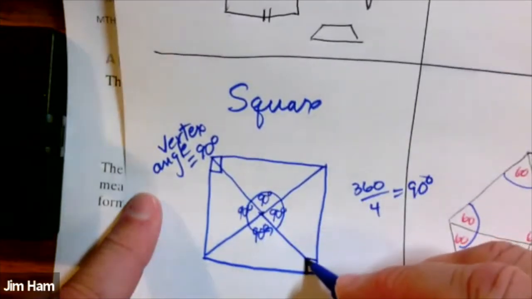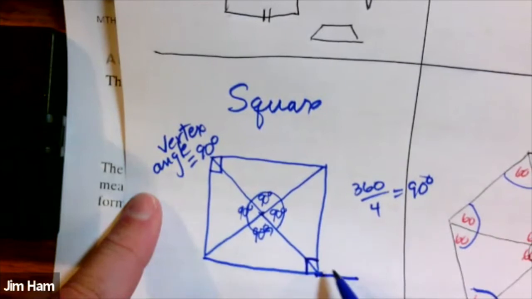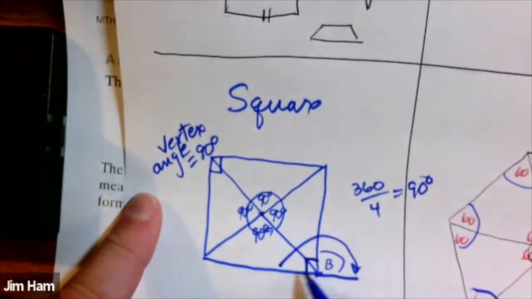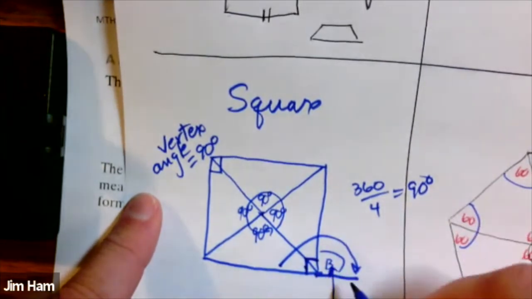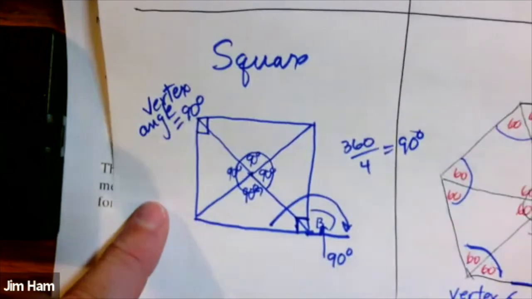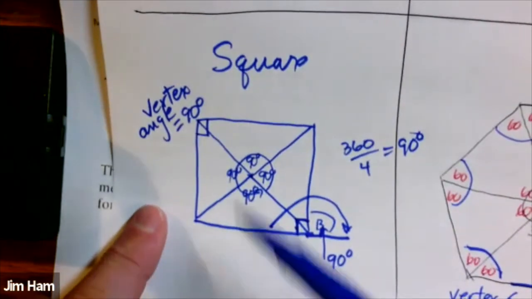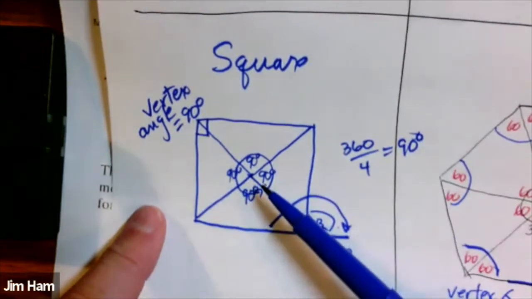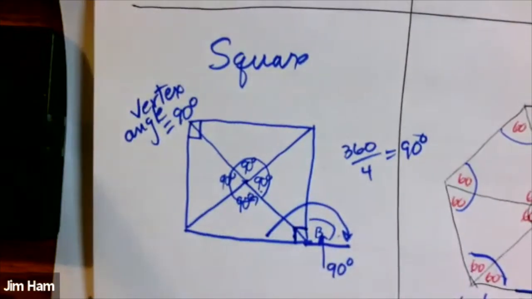If in the corner we have a 90-degree angle, and here's the exterior angle, this is our B. If it's 180 degrees all the way around, and this one is 90, well, the exterior angle there must also be 90 degrees. So for the square, the vertex angle, the exterior angle, and the central angle are all the same. They're all 90 degrees.